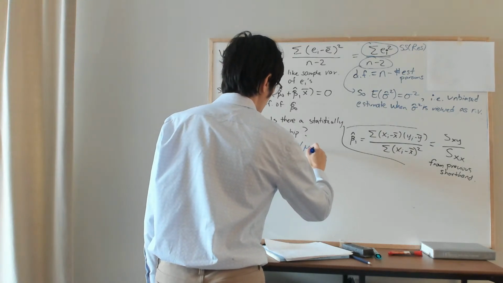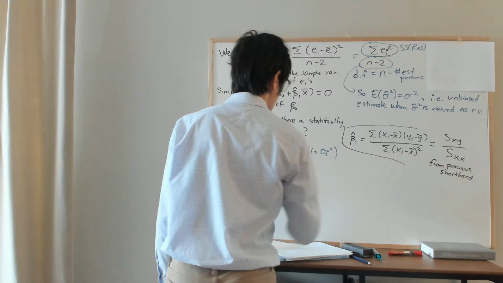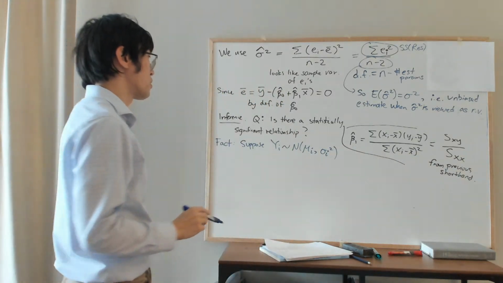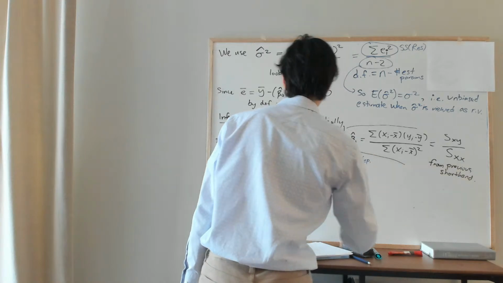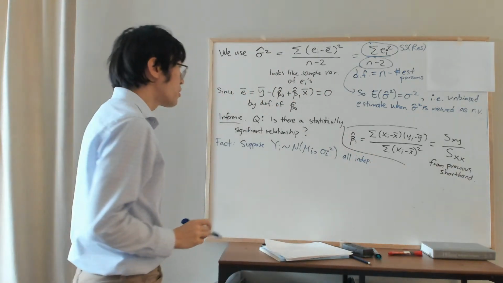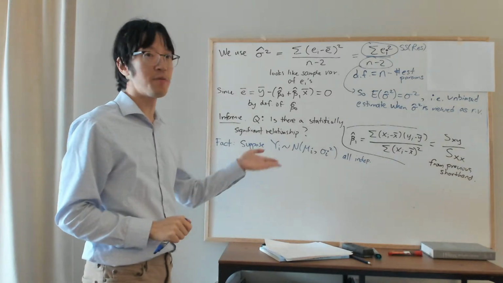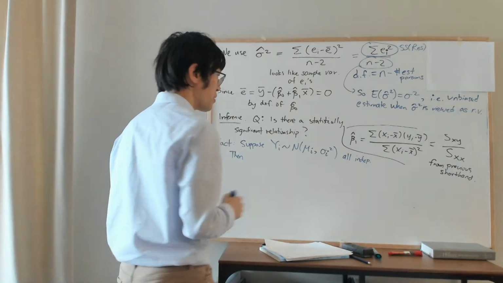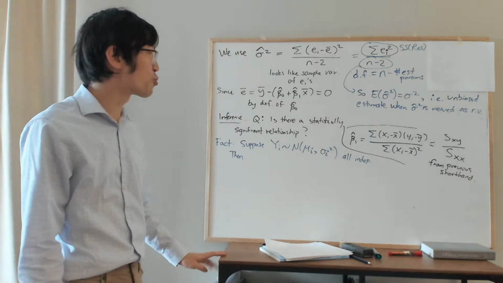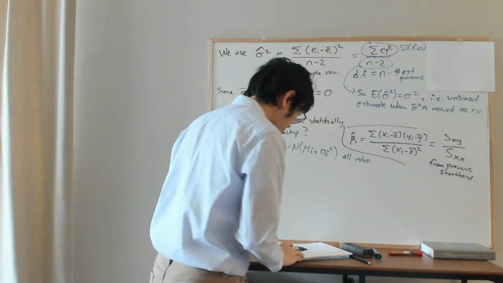Each one can have its own mean, mu i, and potentially its own variance, sigma squared i, and they're all independent. Then the fact that we're going to make use of here and in the future as well is that a linear combination of independent normal random variables is also normally distributed.